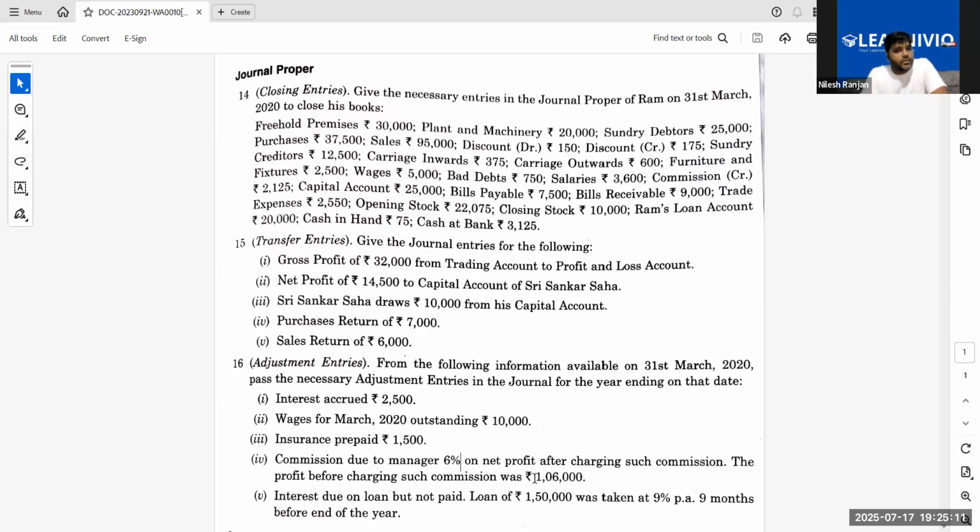So the first three entries will be recorded. The fourth and fifth will not be recorded in the proper journal book because these are recorded in separate books. Purchase return has a separate book. Sales return has a separate book. So we don't have to pass any entry for the fourth and fifth.